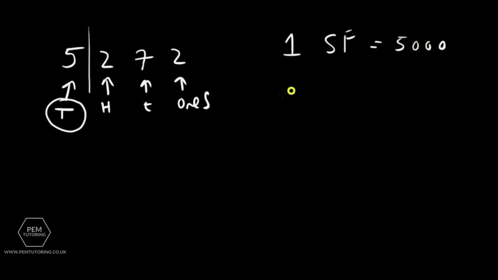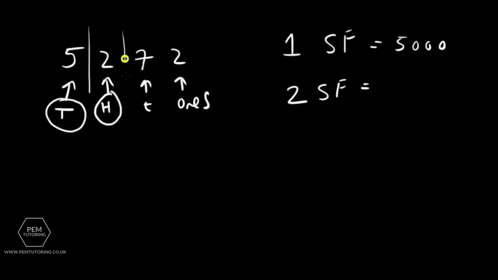Now if you round this to two significant figures, we look at the next significant figure, the hundreds, which is the second most significant. Because the hundreds is the second most significant, we want to round this to the nearest hundred.